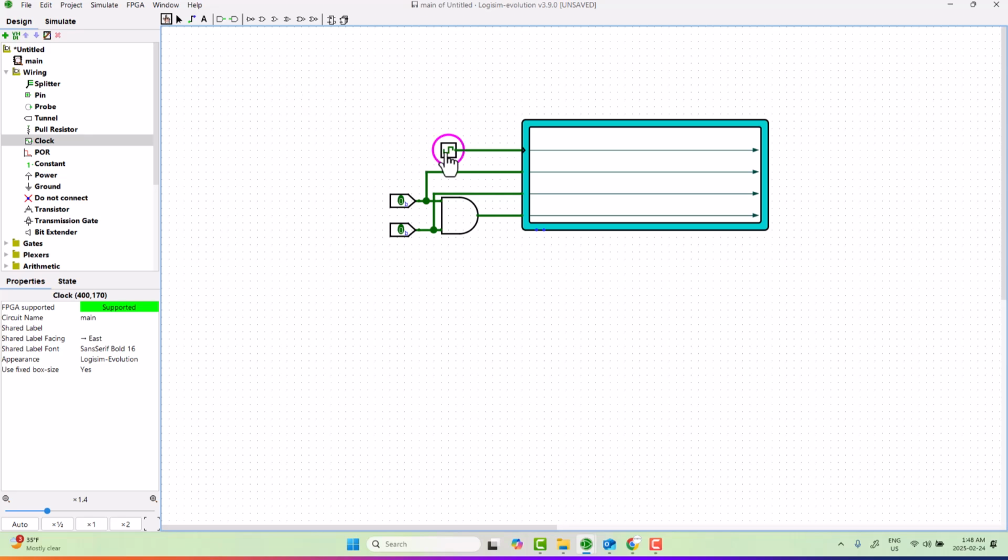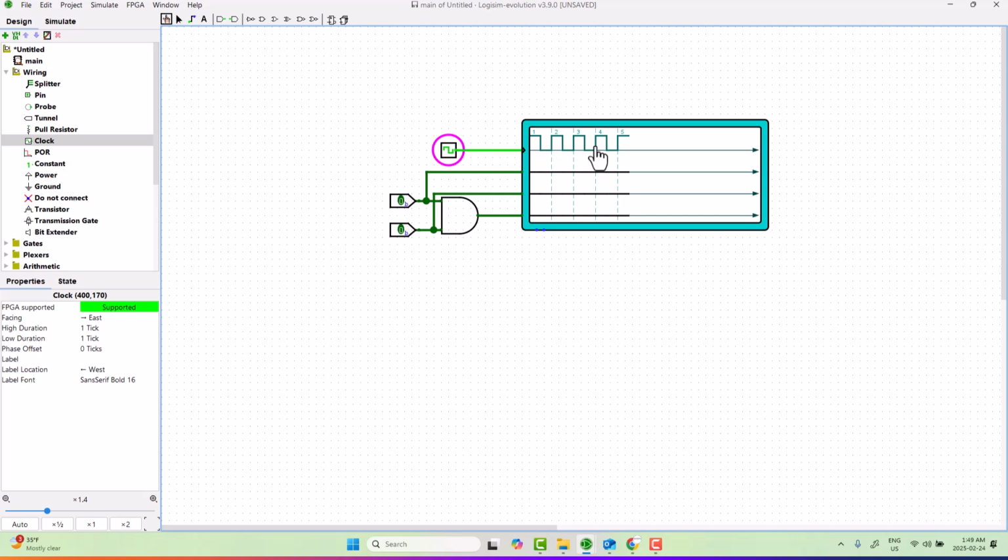By clicking here you can see, every time I do this I have a pulse coming on. This is one pulse, so you can see it here. This is another pulse. Every time I click I get a pulse. So this is the first one, this is the second, and so on.